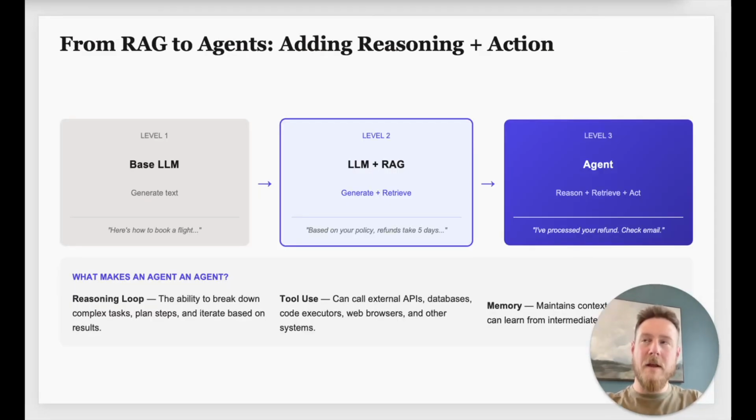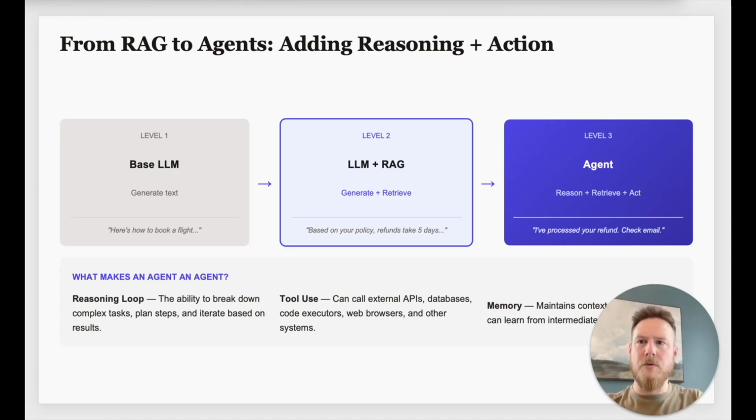Okay, so we previously learned that you can extend LLM's capabilities by leveraging things like RAG. We will continue down that value proposition by going even beyond RAG to focusing on agents. You can think of agents based on their 3 levels of capability. One, you have the base LLM, which can generate text. It can describe how to book a flight, for example.